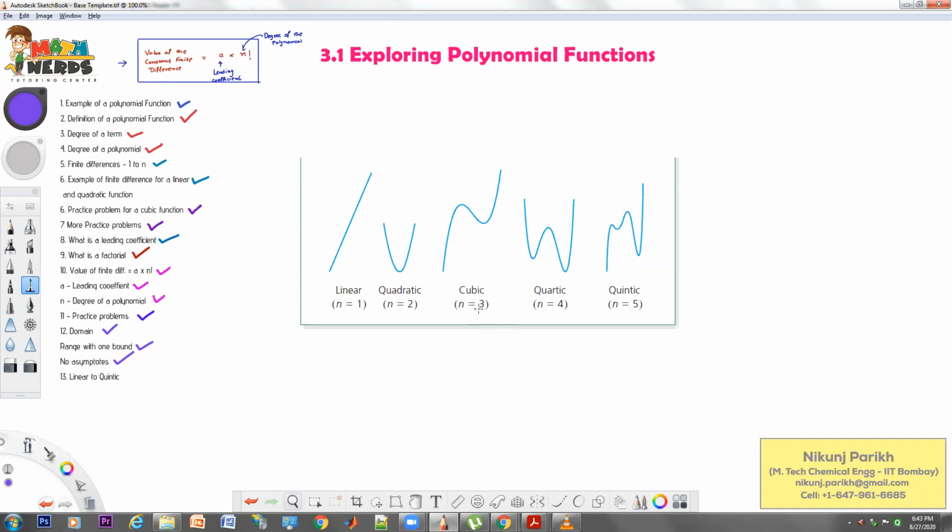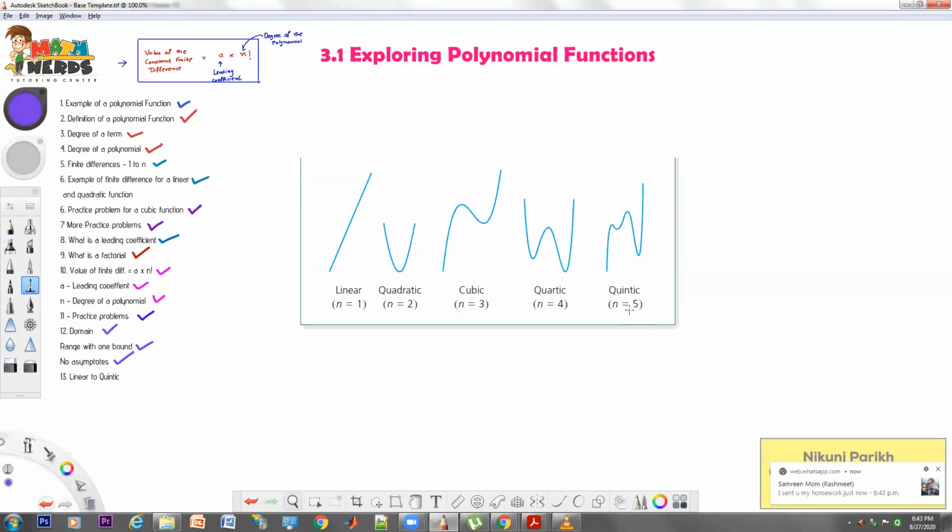If the degree of the polynomial is 3, then the function is called the cubic function. And again, the shape depends on the other terms in the cubic function. If the degree of the polynomial is 4, then the function is called a quartic function, and a typical shape.